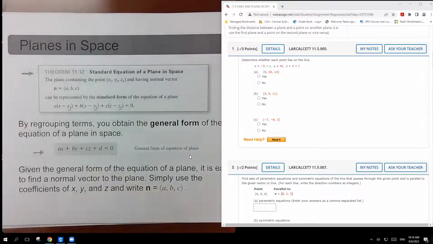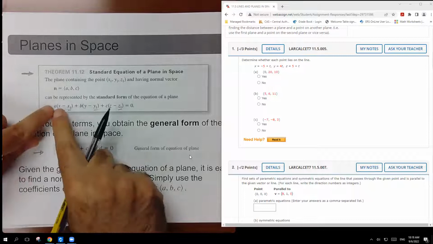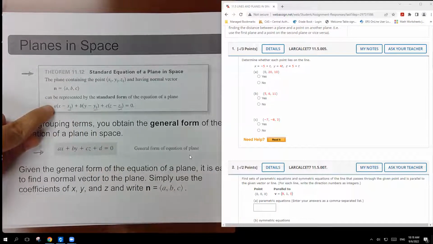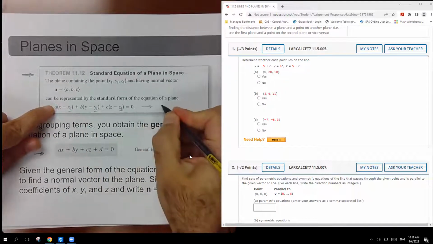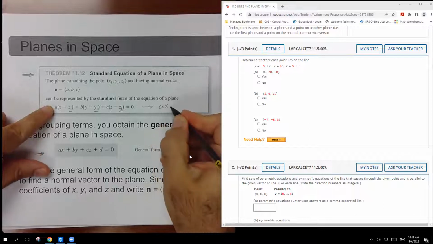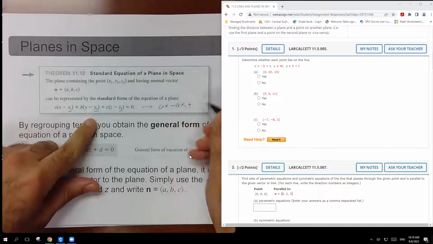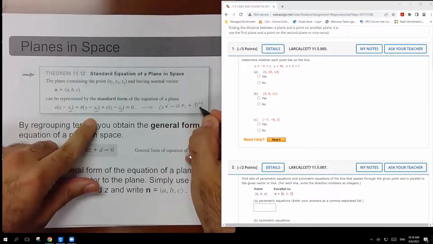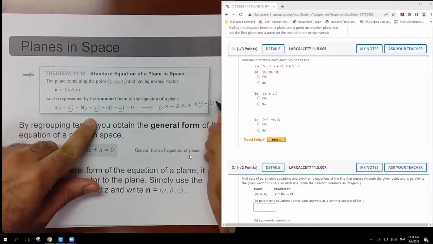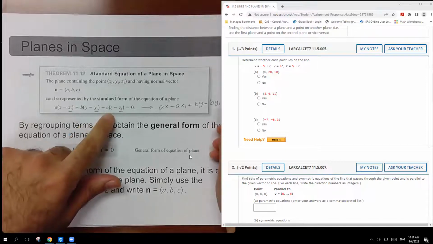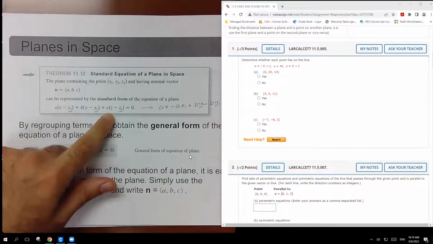If we simplify this, we distribute; a, b, c are also numbers. So it becomes ax minus ax1 plus by minus by1 plus cz minus cz1.